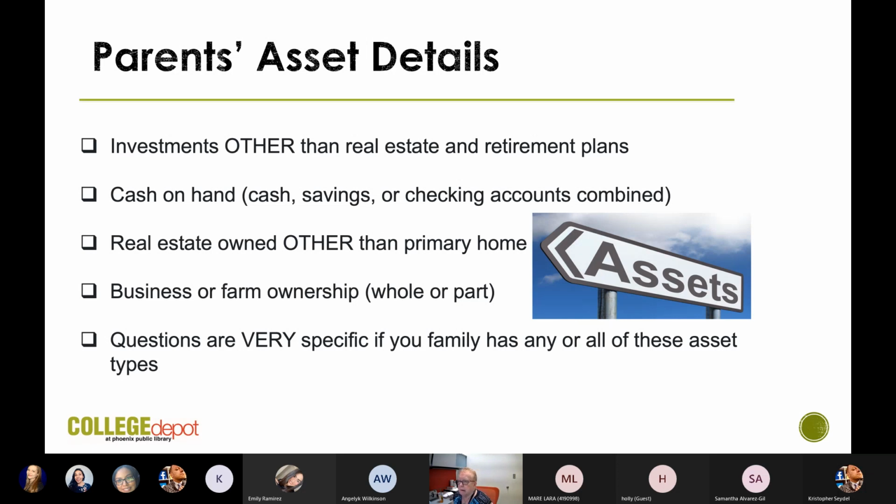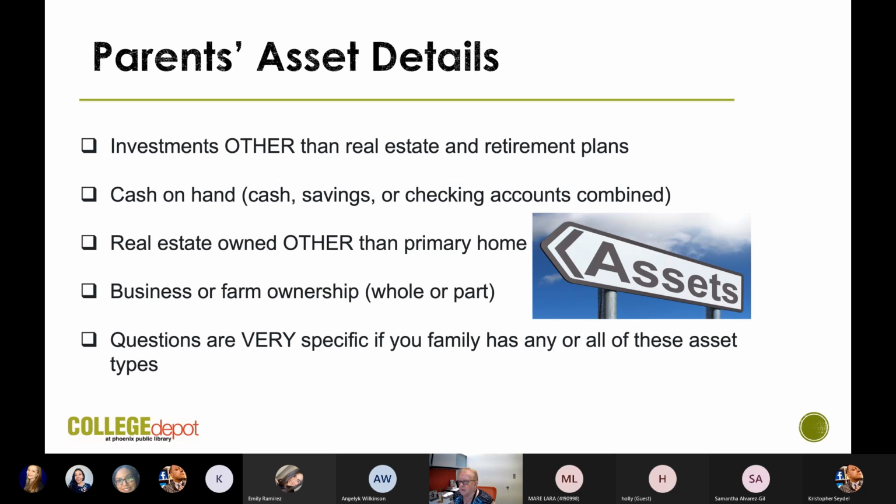If you own or operate a business that is your primary income source, you need to indicate that here. Same with a farm. If you own or operate a business in addition to other work, for instance, you own a business on the side, but you have a full-time job during the day, you need to indicate that here too. Or if you own a farm or part of a farm, you need to list it.